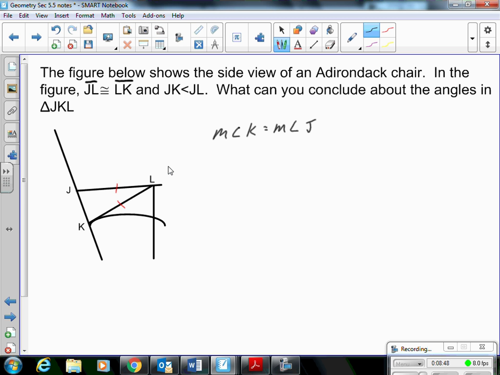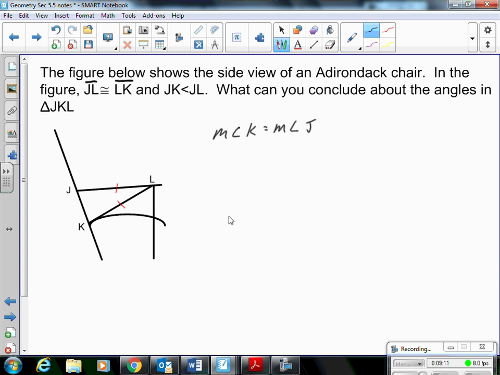And then, since we know that JK is smaller than JL and KL, then JK being across from angle L is going to be smaller than both of these angles, right?